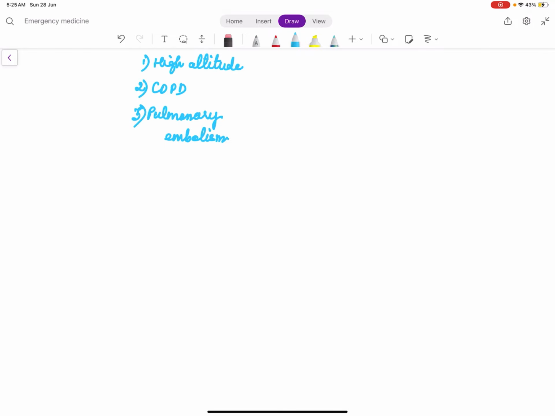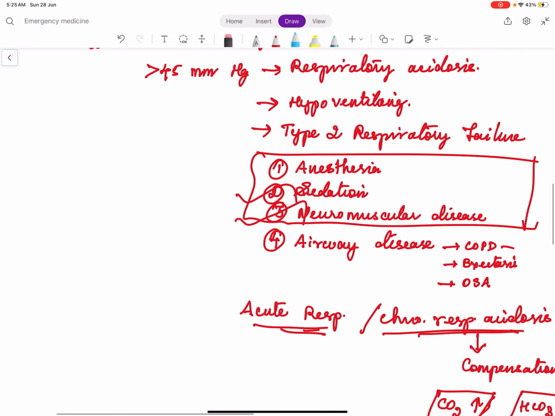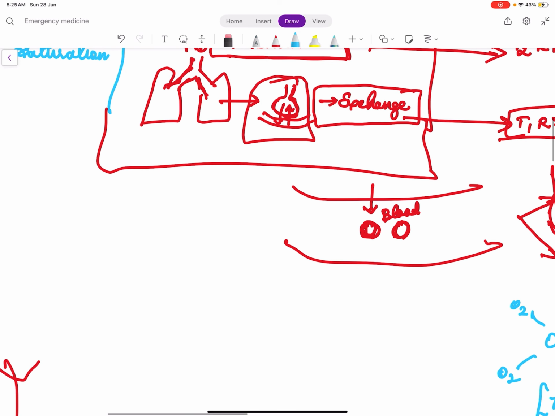So this is called ventilation perfusion mismatch. What pulmonary embolism is, I already discussed.